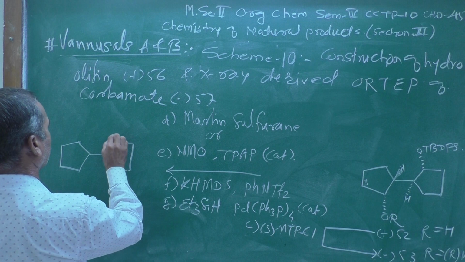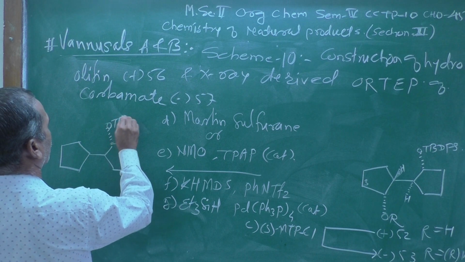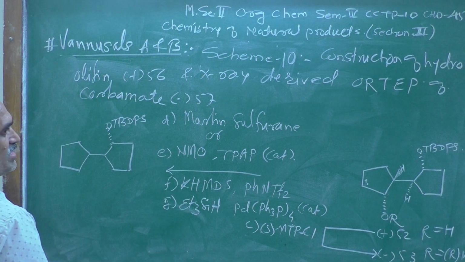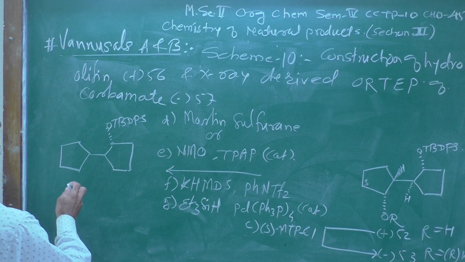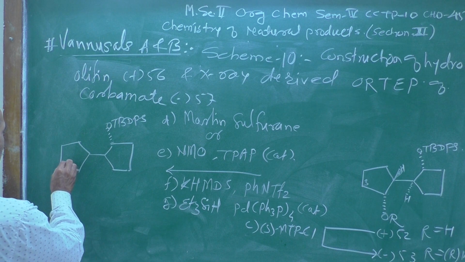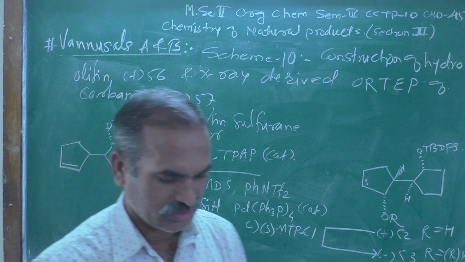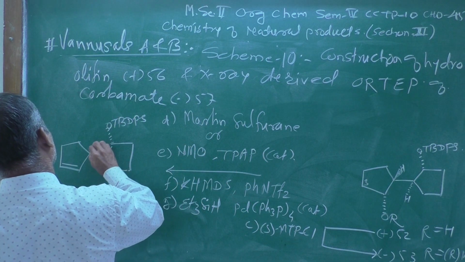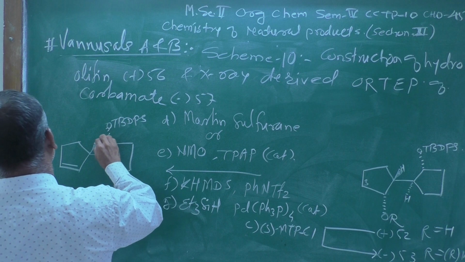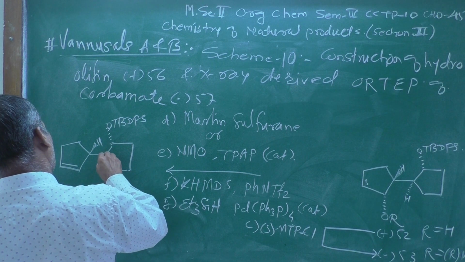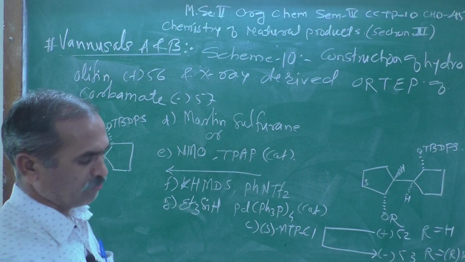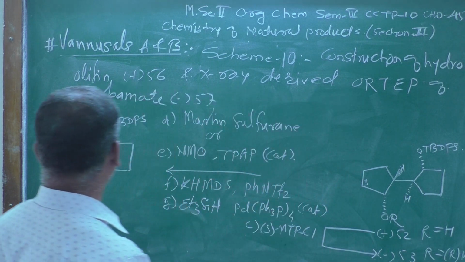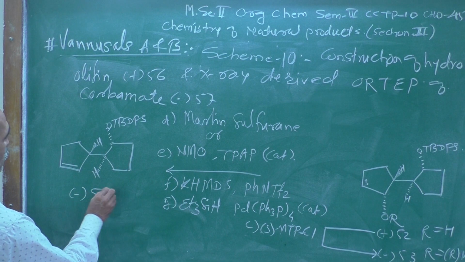This is a protected alcohol OTBDPS, that is tertiary butyl diphenylsilyl, and here we are getting a double bond, and the hydrogen atom which is above the plane, the other hydrogen atom is below the plane, and this structure is nothing but structure number minus 54.